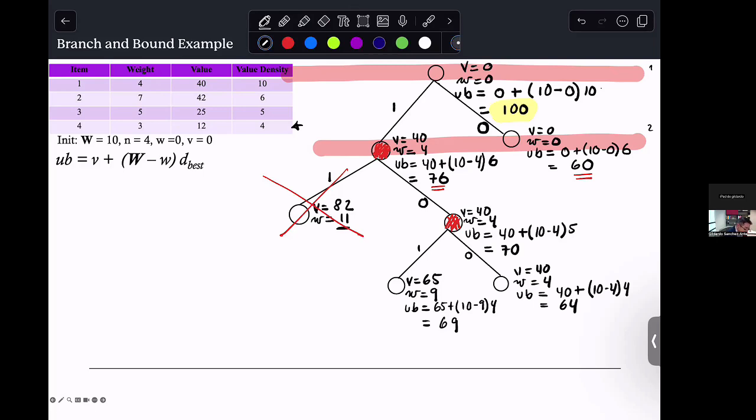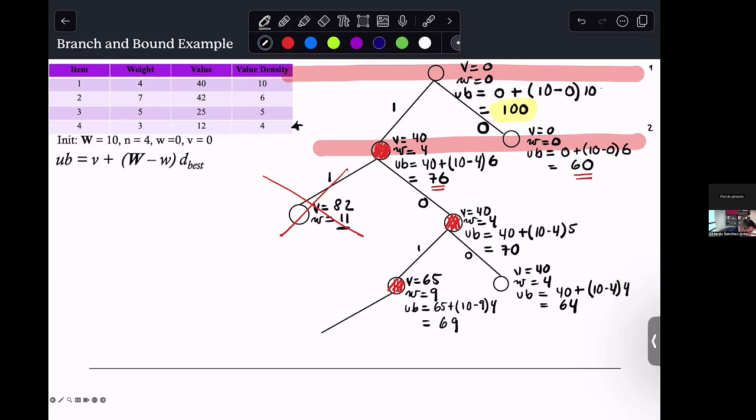And from the ones that I can see, the nodes that can be branched or expanded, the one with the highest value is choosing the third item.